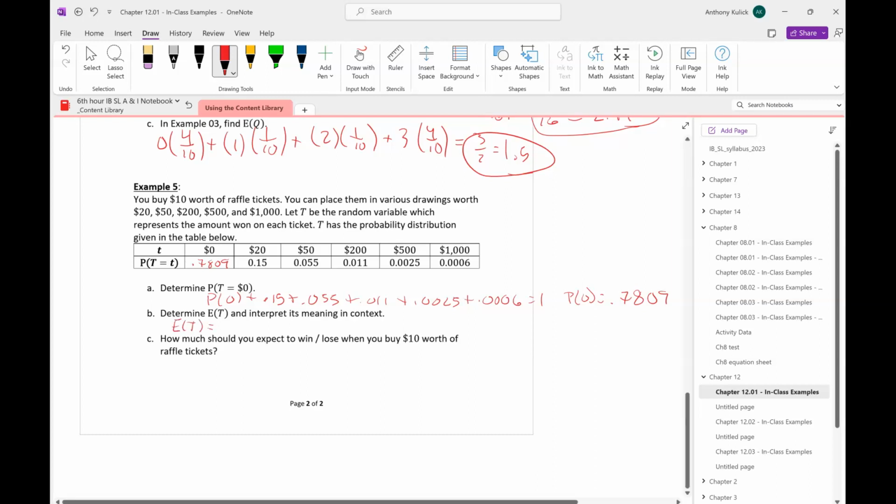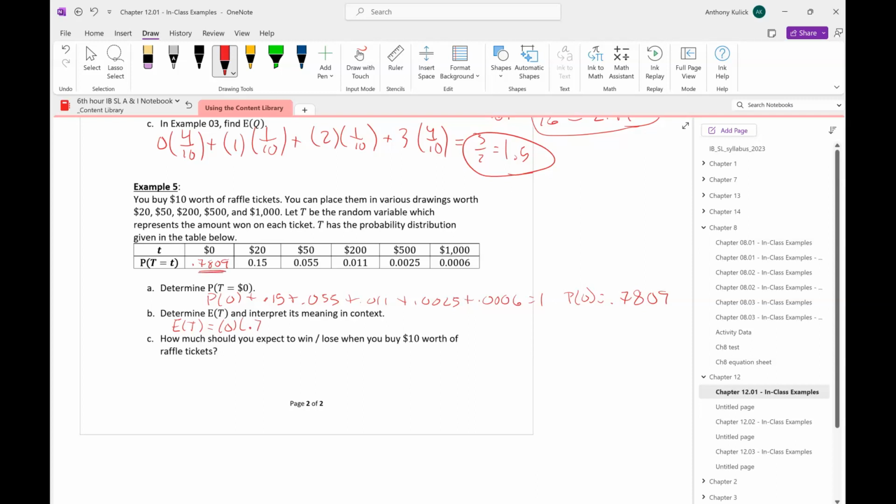Wait, so I do the bottom line times the, or no, the probabilities, right? The probability distribution. You just tell me what to write, and I'll tell you if it's right or wrong. I don't really know what to write. That's okay. 0 times 0.15, or wait, 0 times 0.15?